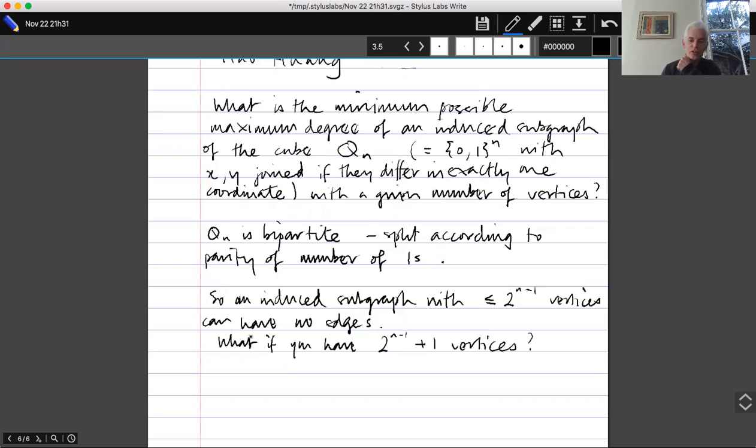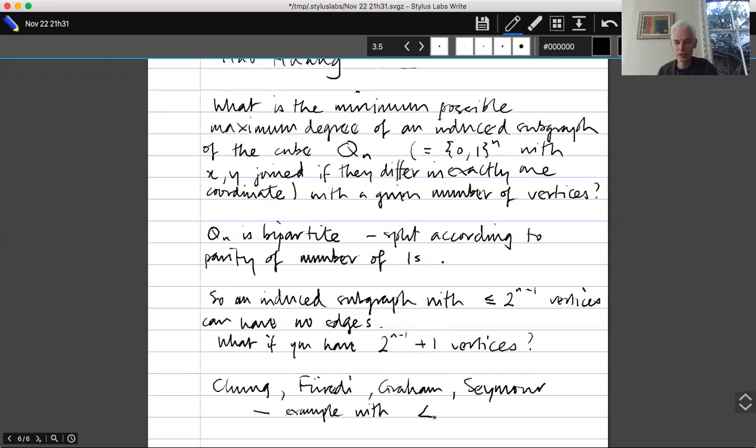And it turns out that there is an example discovered by, if I can remember, Chung, Füredi, Graham, and Seymour, of a graph, or in other words, an induced subgraph of Qn, or equivalently a set of 2 to the n minus 1 plus 1 vertices, where the maximum degree, and I'm going to write delta for the maximum degree, delta is square root of n.